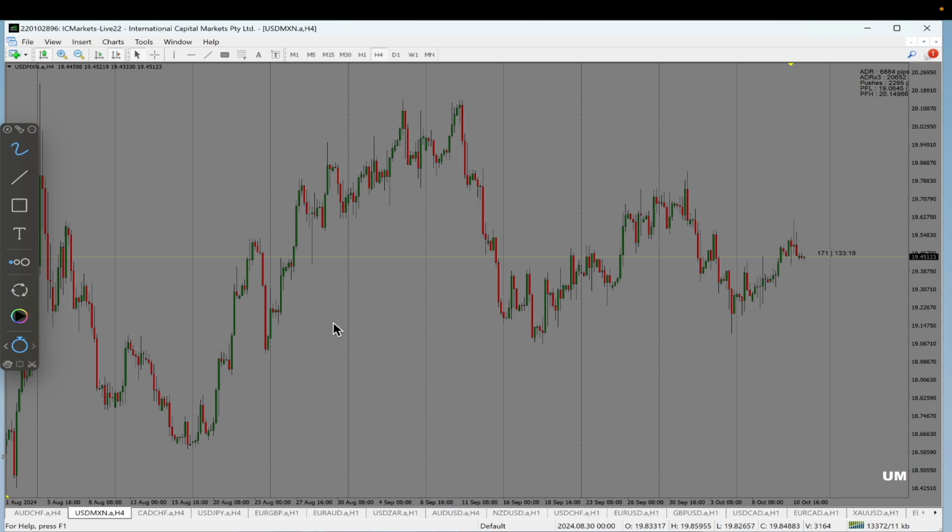Now, if I show you from the whiteboard, the market structure moves in such a way whereby it prints out the low, and then it moves up, comes back into the range, moves up, comes back into the range, moves up, comes back into the range, and it keeps on doing the same thing.